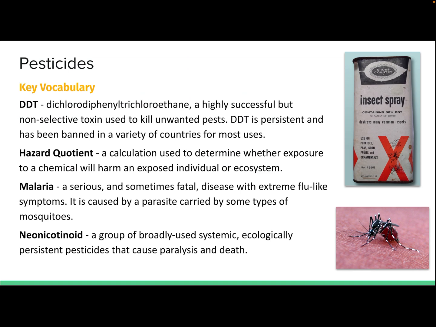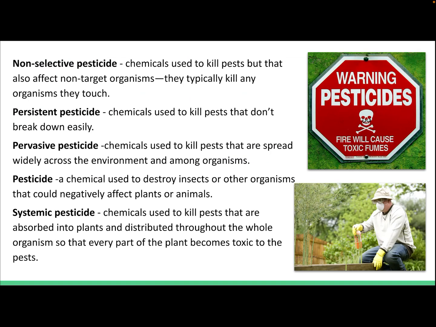Now, we haven't talked much about hazard quotient, but it's a calculation used to determine whether exposure to a chemical will harm an exposed individual or ecosystem. So just how dangerous it is. And a neonicotinoid is a group of broadly used systemic, ecologically persistent pesticides that cause paralysis and death. So obviously, those have to be used carefully.